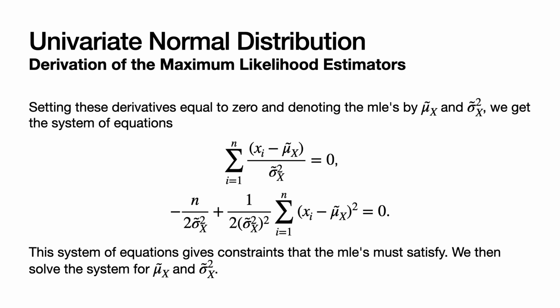Setting these derivatives equal to 0 and denoting the MLEs using tilde notation, so mu tilde x and sigma tilde squared sub x, we get the system of equations shown here. This system of equations represents constraints that the MLEs must satisfy. We can then solve this system for the MLEs.